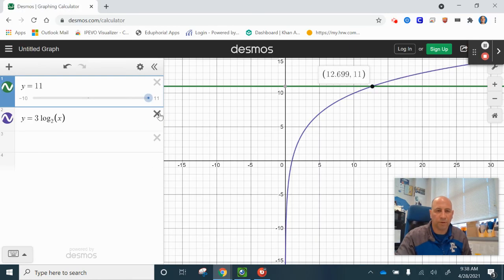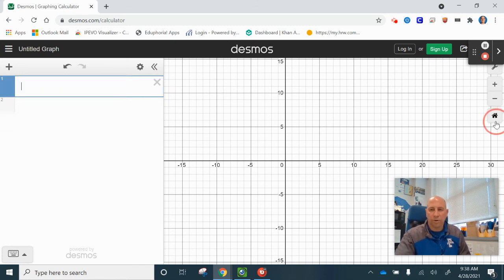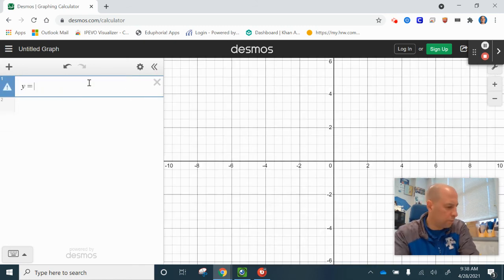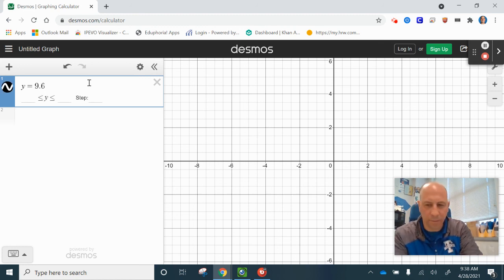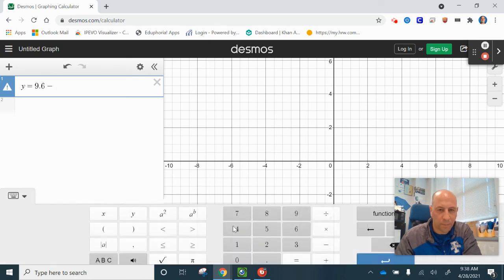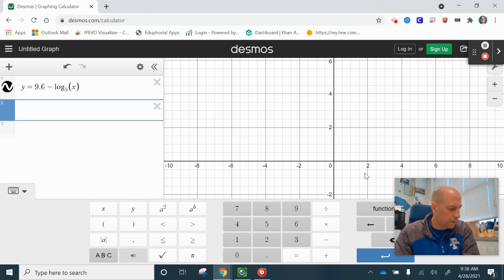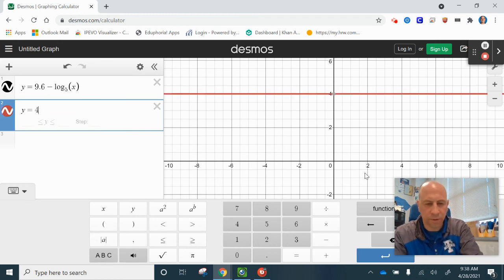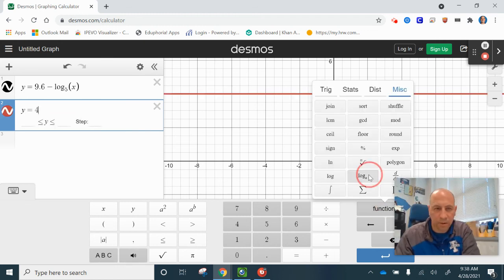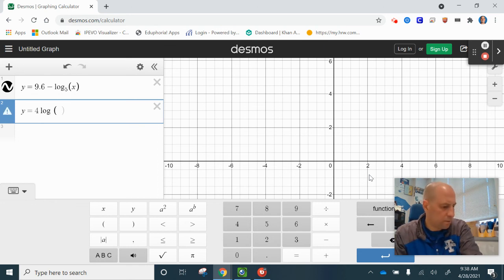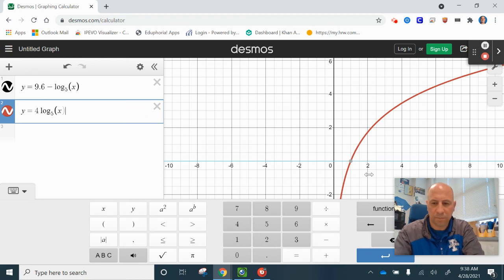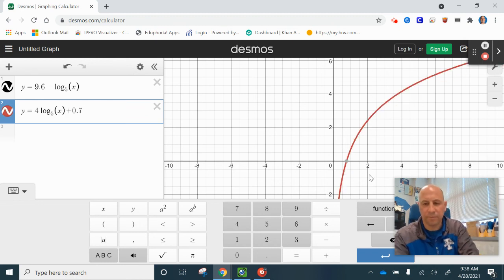Alright, so we can come over here, exit out of this. Let's go to the home screen. Y equals 9.6 minus log base 5 of x, and then y equals 4 times log base 5 of x plus 0.7.